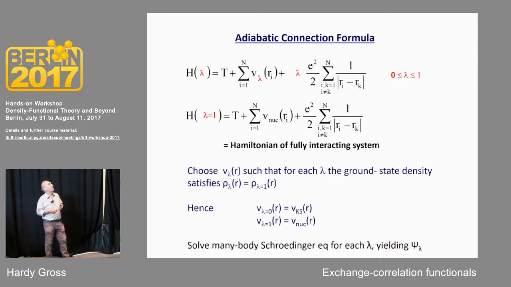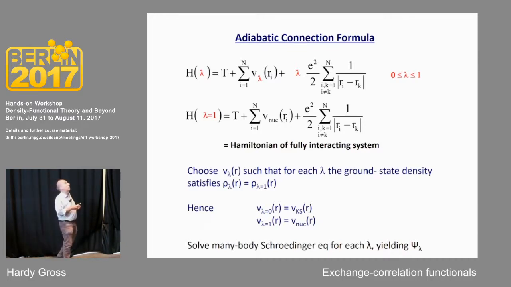So hybrid functionals. Here I first have to take a step back and explain what the so-called coupling constant integration or adiabatic connection formula is. Here you start with your full Hamiltonian and multiply the interaction with a lambda that is between 0 and 1. That means once that lambda is 0, you have switched off the interaction between the electrons.